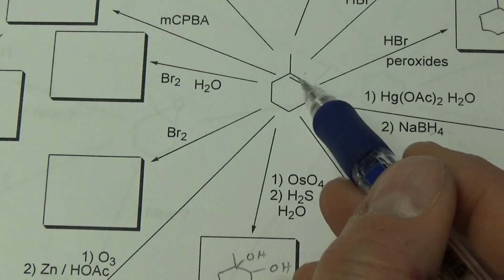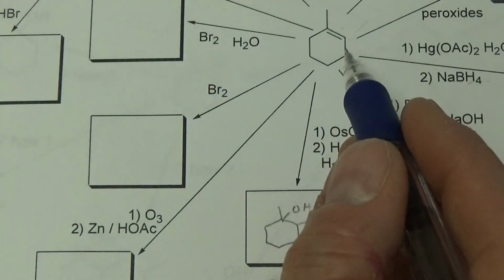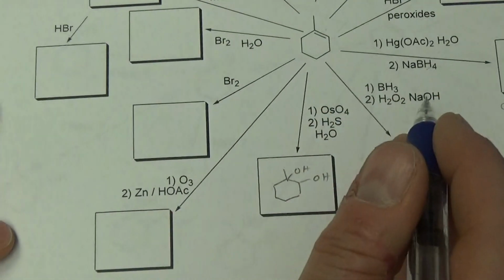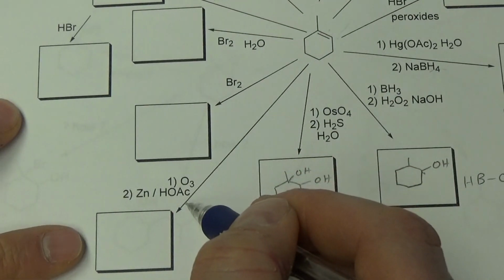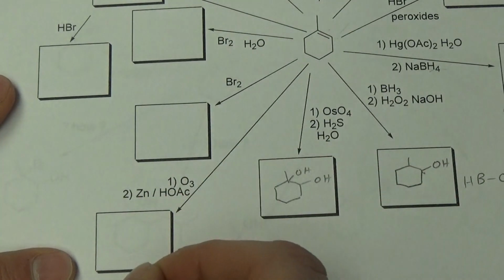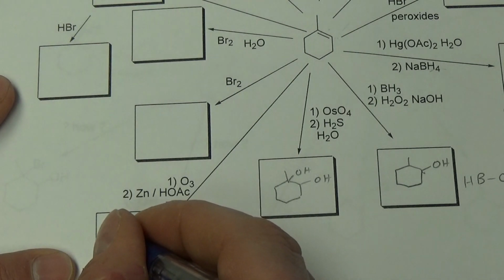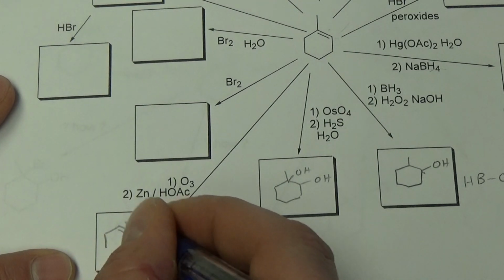And I usually draw them poking at each other. So looking at that molecule, this is the way I draw ozonolysis, which is an alkene cleavage reaction. It will look like a ketone.